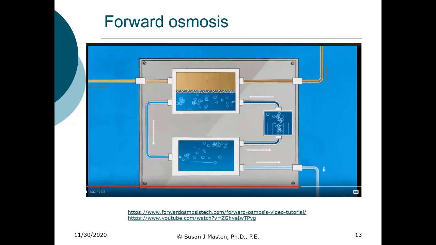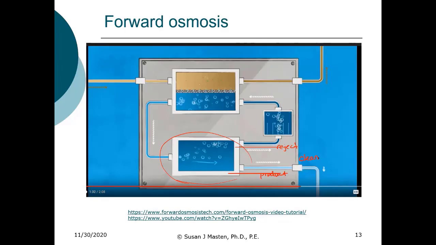And then what they're doing, shown here, is using a secondary membrane. So here, this is the reject stream from the secondary membrane. This is the product stream here.